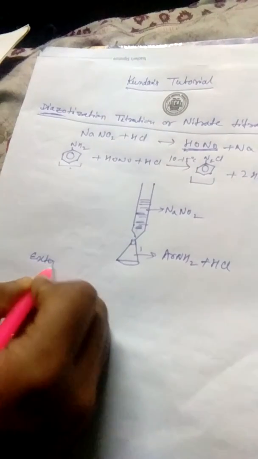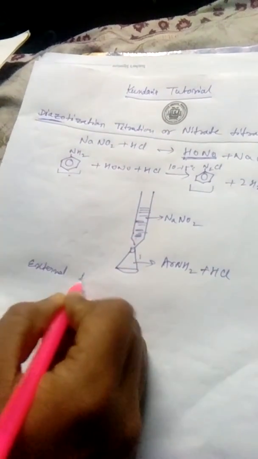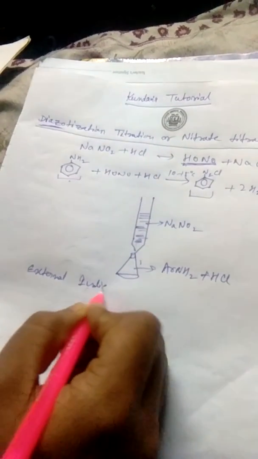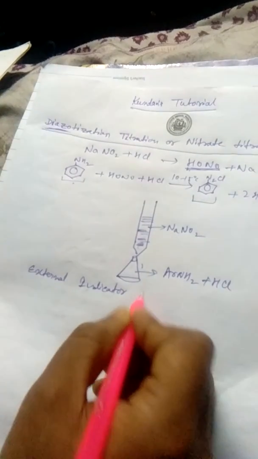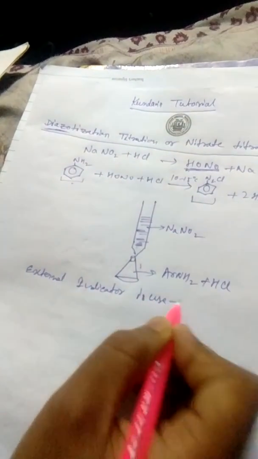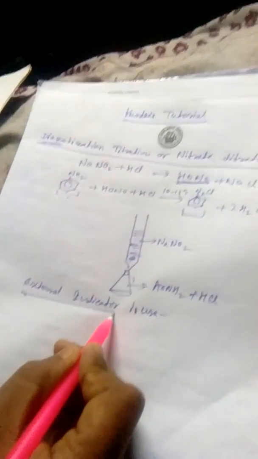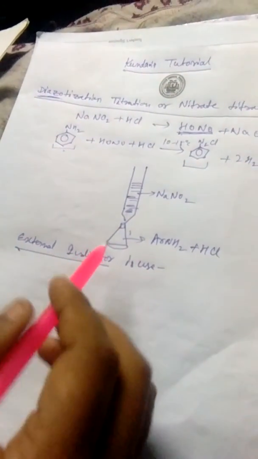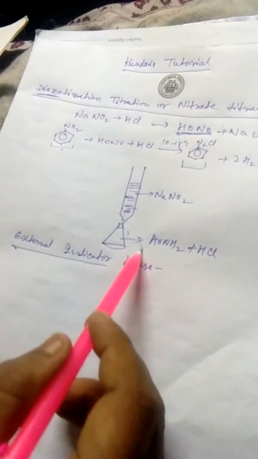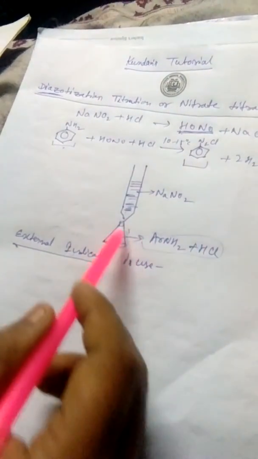In this solution, an external indicator is used. There are two types of indicator, internal and external. Internal indicators are those indicators which are involved in the reaction medium during the titration.